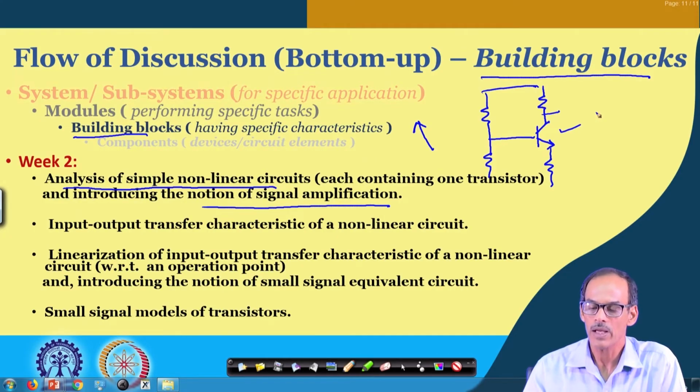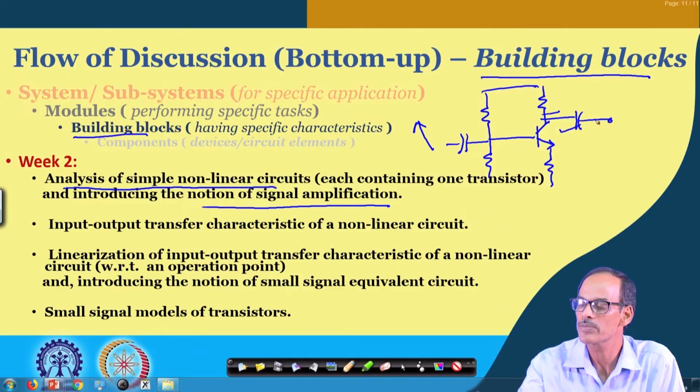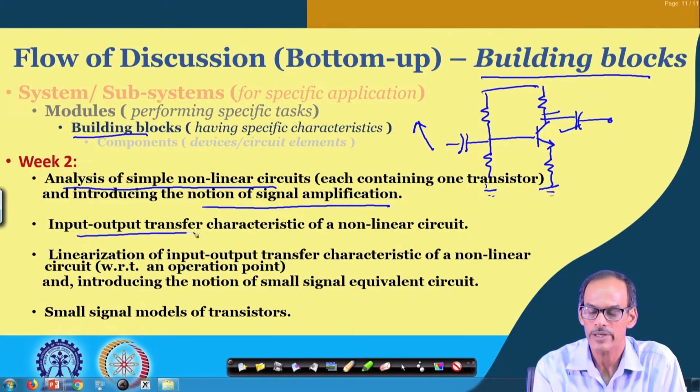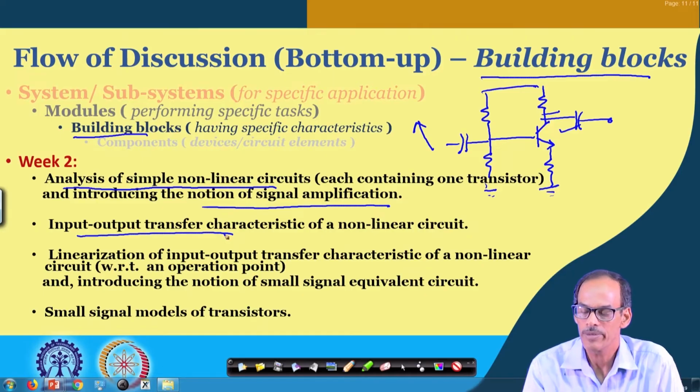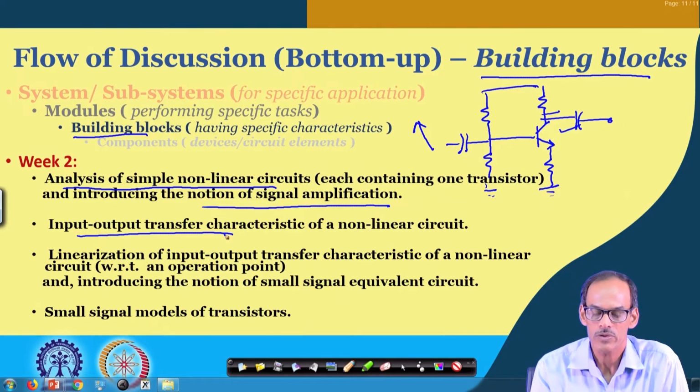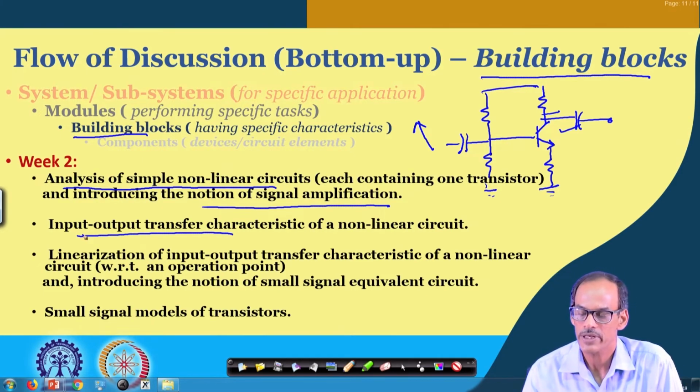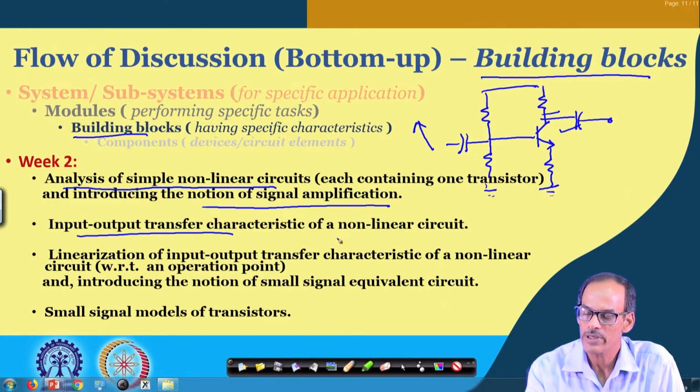Okay. And of course, once we are comfortable understanding the amplification of the signal, so that is the input and this is the output, the next thing is how you achieve linearity, what may be the limit of the linearity of the circuit, namely the input to output transfer characteristic of this circuit as an example, or in general for a nonlinear circuit.